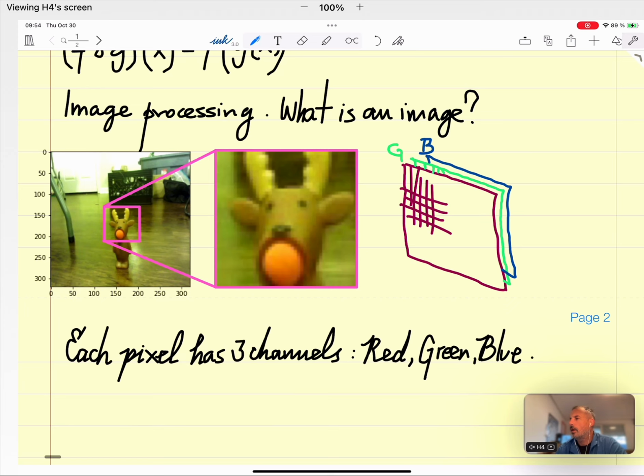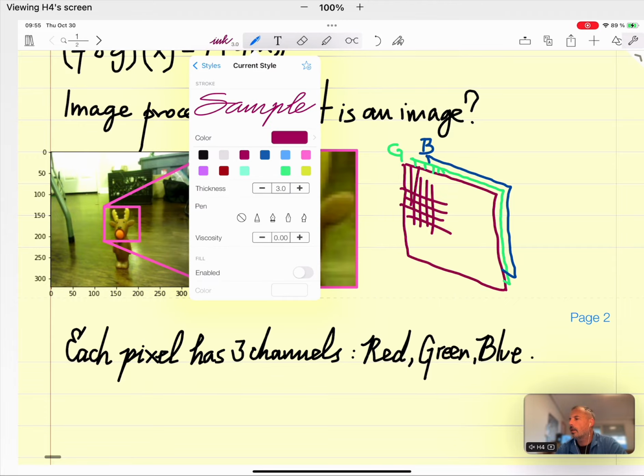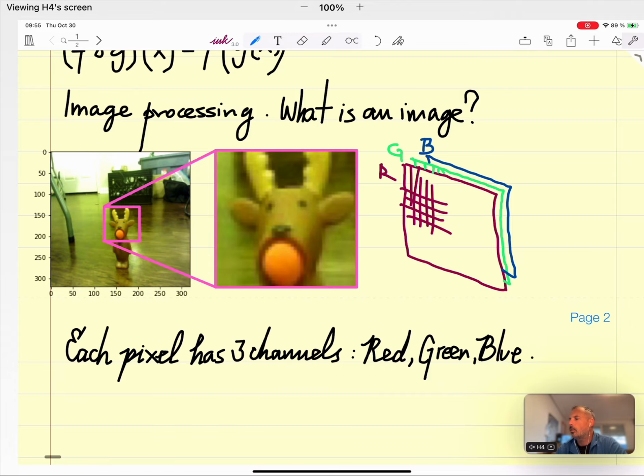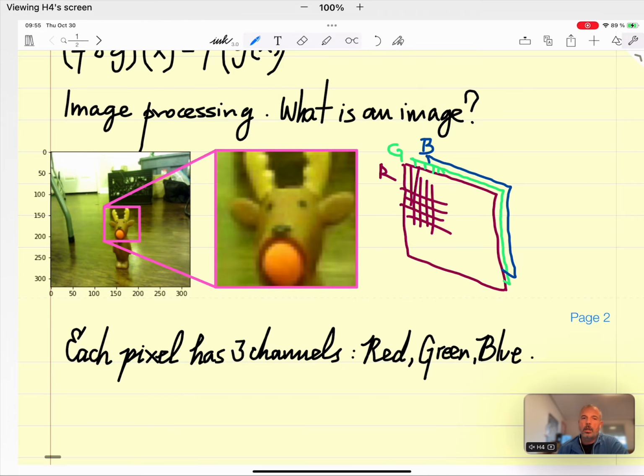Put the R above. That's why we talk about RGB channels.